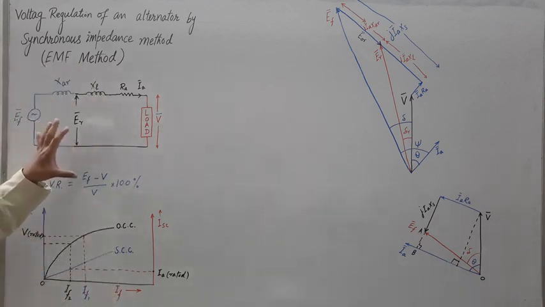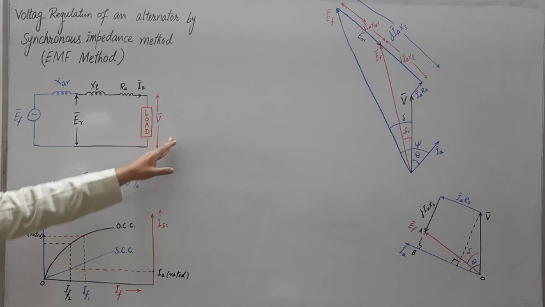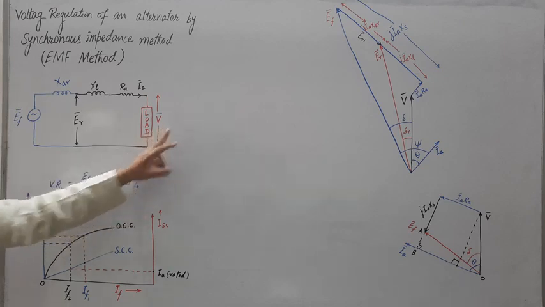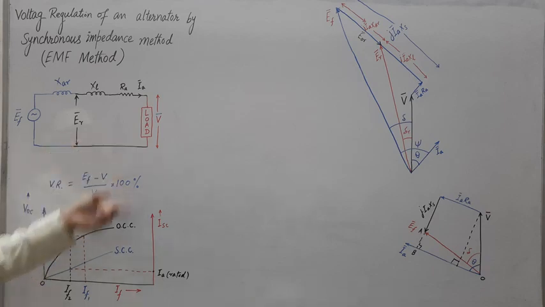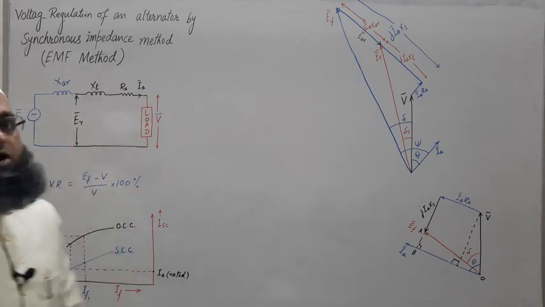But for a lagging power factor load, we will get this magnitude always lesser than this magnitude, hence this difference will be positive, hence the voltage regulation will be positive for a lagging power factor load.